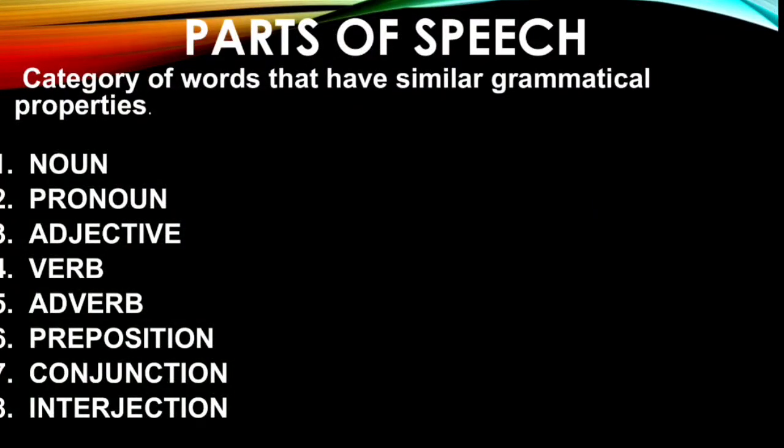So there are parts of speech, which is a category of words that have similar grammatical properties. It is divided into 8 categories, which are noun, pronoun, adjective, verb, adverb, preposition, conjunction, and interjection. So I know all these are familiar to you.